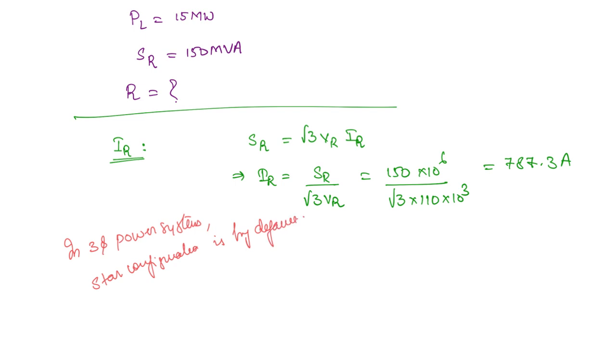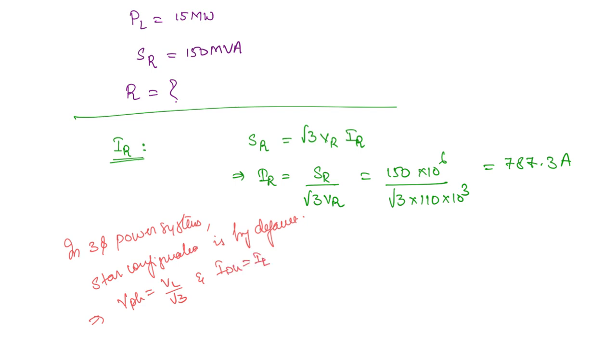So if there is a star configuration, whenever we want to find the phase voltage, we take it to be line voltage divided by root 3. What will happen to the current? The line current is equal to the phase current. So the phase voltage will be equal to VL by root 3 and the phase current will be equal to the line current.